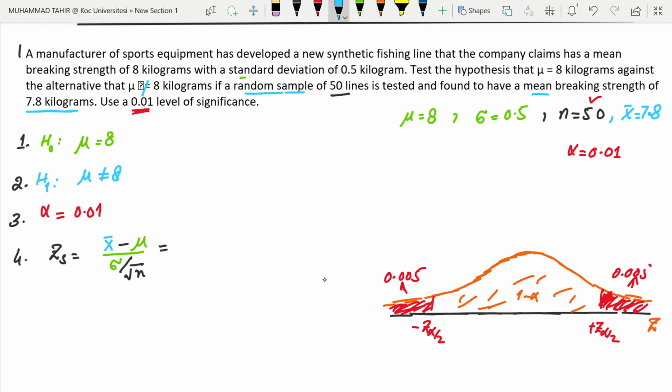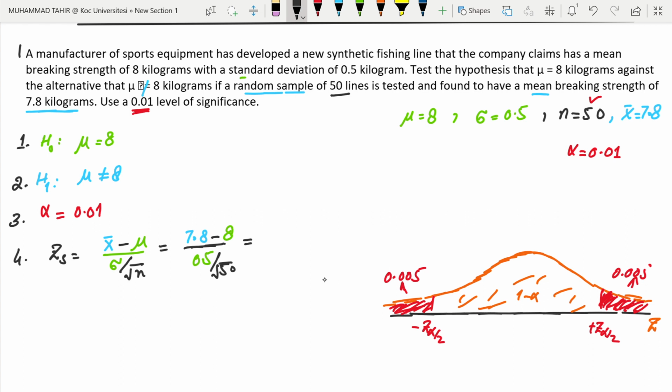X bar is 7.8 minus mu is 8, and then sigma I get is 0.5 divided by root of n, 50.